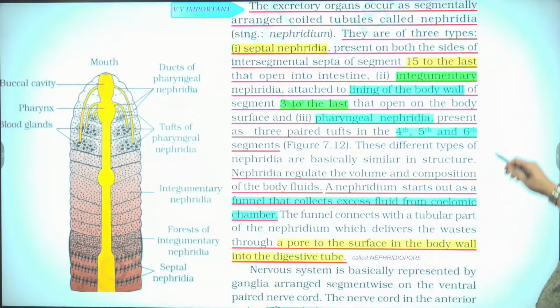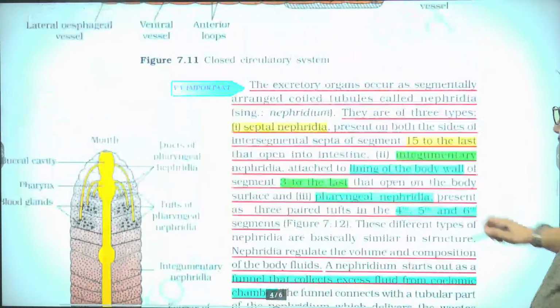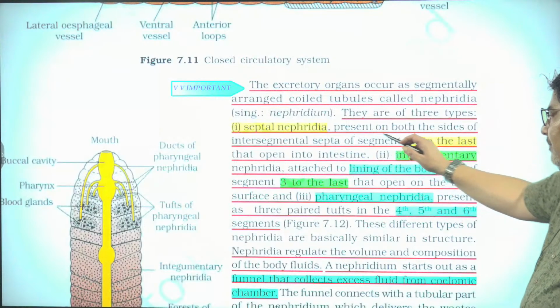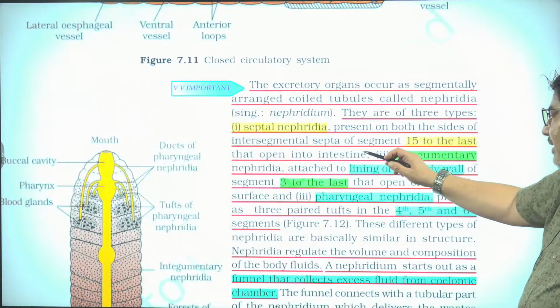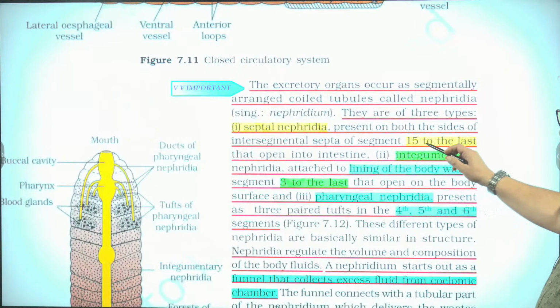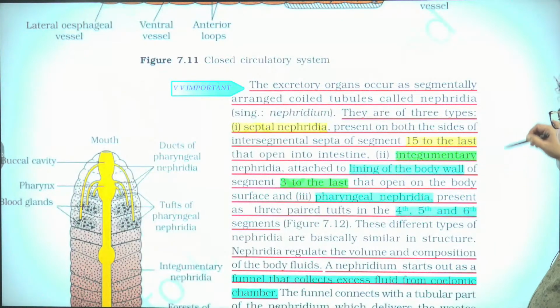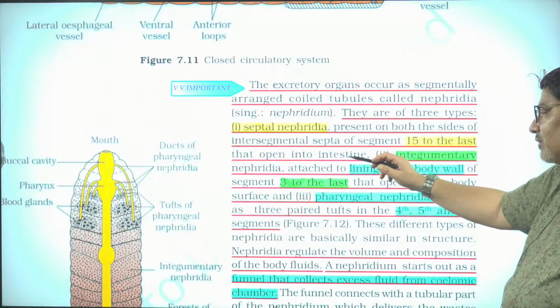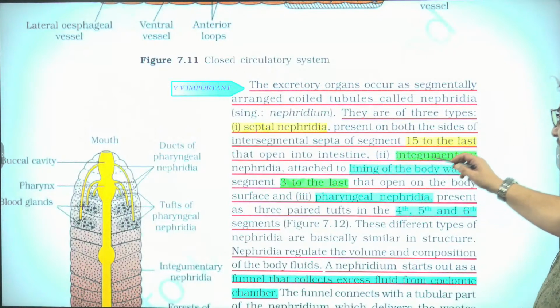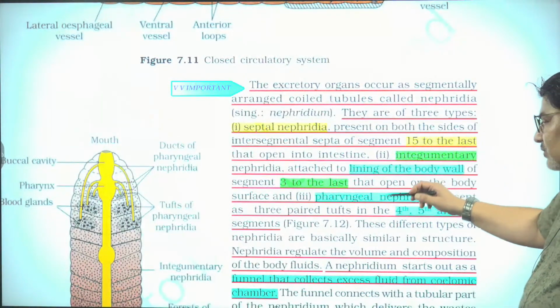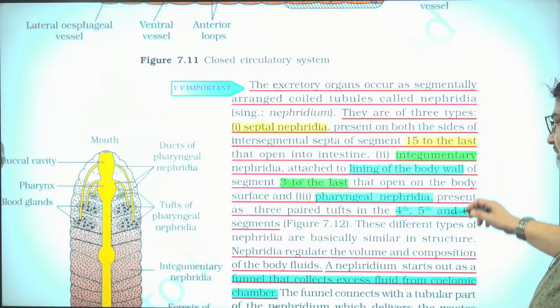The nephridia are of three types: septal, integumentary, and pharyngeal. Septal nephridia are present on both sides of the intersegmental septa from the 15th to 16th, 16th to 17th, 17th to 18th, and so on to the last, and they open into the intestine. Integumentary nephridia are attached to the lining of the body wall from the third segment to the last, and open on the body surface.